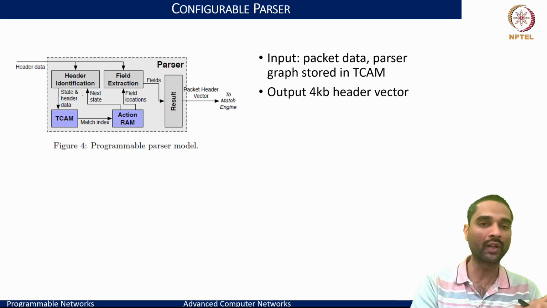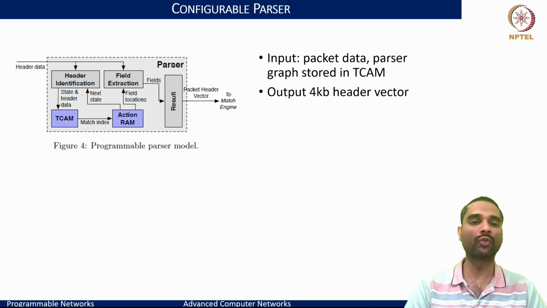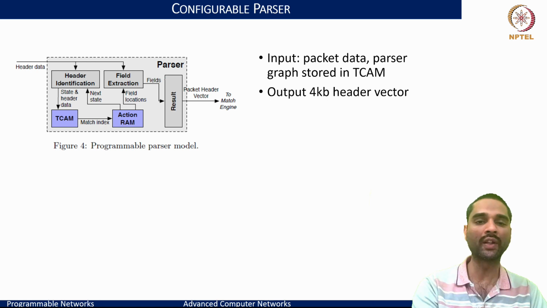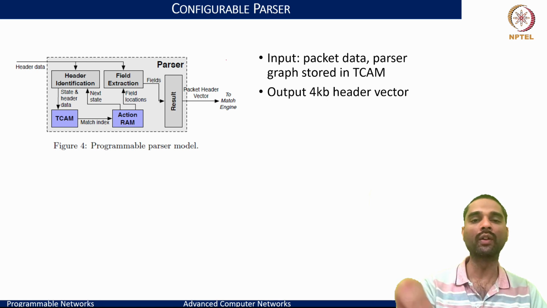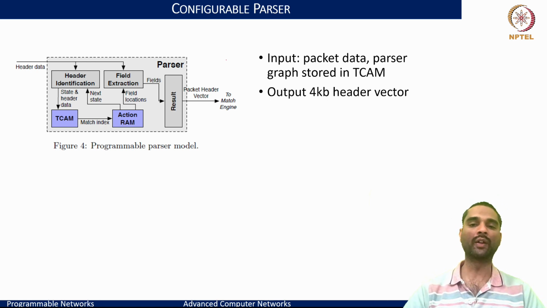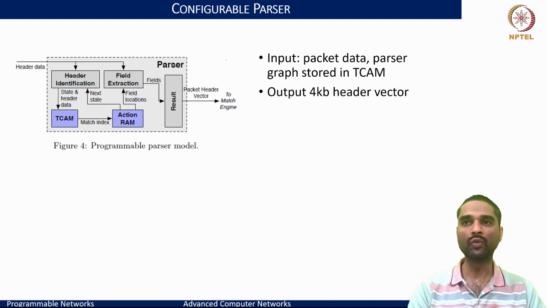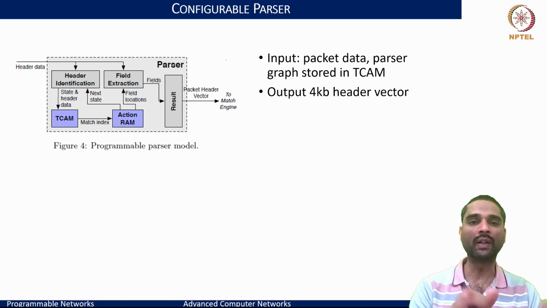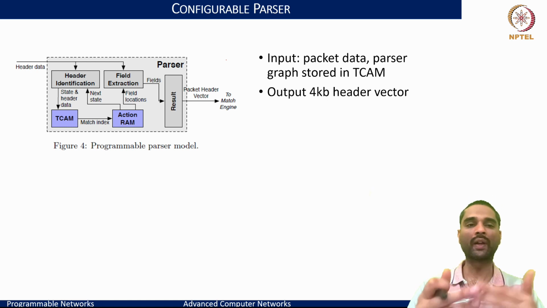So if it is an Ethernet layer, I would want to extract source MAC, destination MAC, ether type. And as the fields get extracted, they are going to be written into this packet header vector, which would then be sent to the match action. And in general, this loop repeats to parse each packet and do the parsing repeatedly for the set of packets till you extract all the headers.